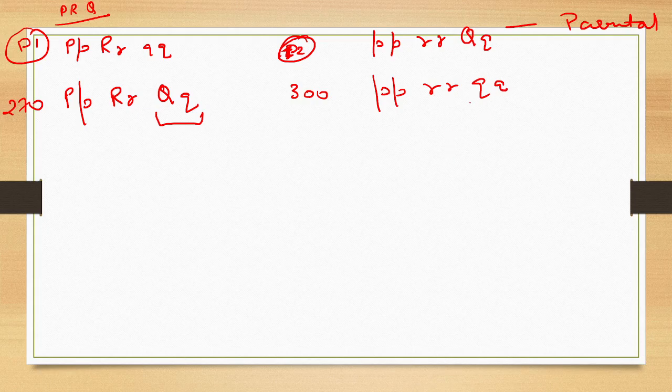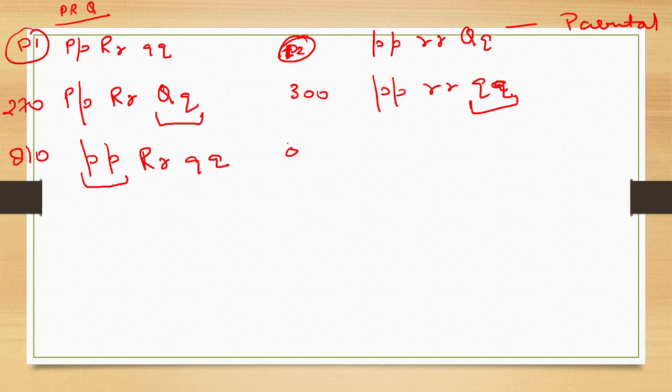Here also crossover has occurred in Q. For the other single crossover, which is 810, how is it? PP, RR, QQ. When we compare this with the parental generation, where has the crossover occurred? At P.